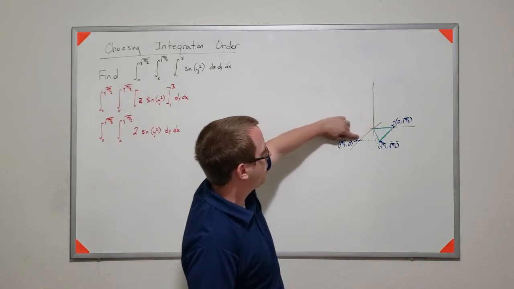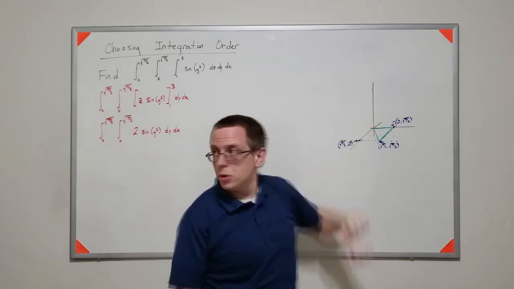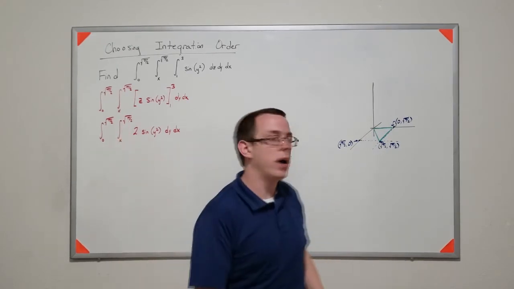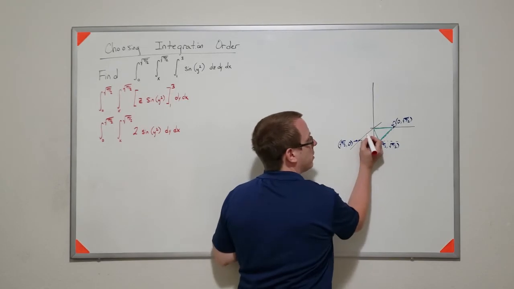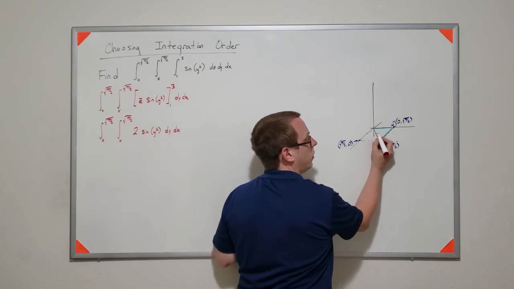So it goes from 0 to here. And y goes from whatever x is to the square root of pi over 2. So if the x value is currently this, y doesn't start until there and goes all the way to the square root of pi over 2.